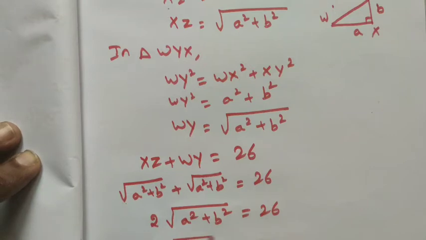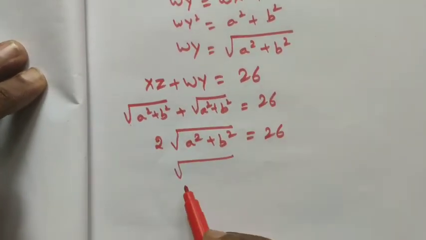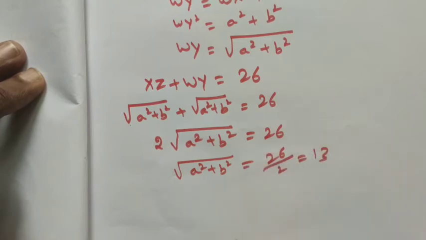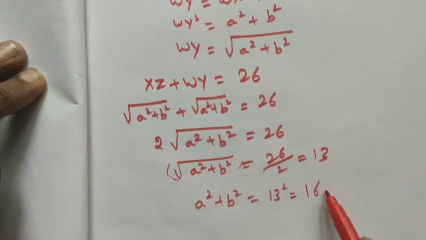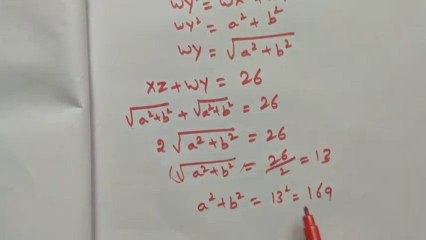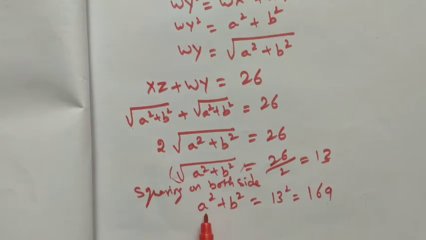We get root of A square plus B square is equal to 26 divided by 2, which is 13. I am squaring on both sides. Root and square will be cancelled. Then A square plus B square is equal to 13 square, which is 169.